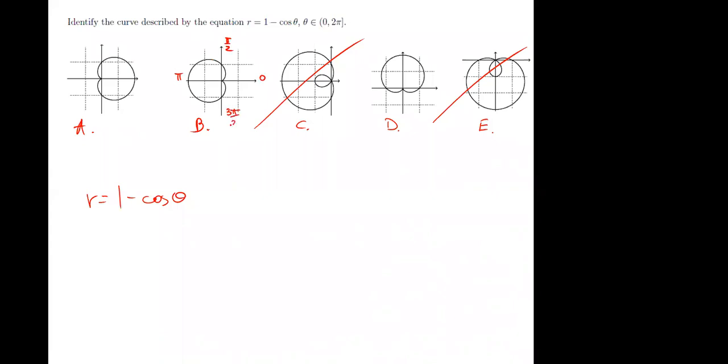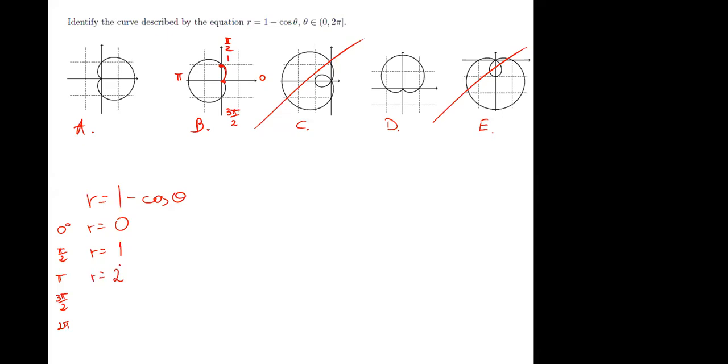We can double check, and how can we check? If theta is 0 degrees, cosine at 0 is 1, 1 minus 1 is 0, and we do have 0. Then 90, 180, 270, and 360. Cosine at pi over 2 is 0, 1 minus 0 is 1, and we do have 1. Excellent. And then at pi cosine is negative 1.